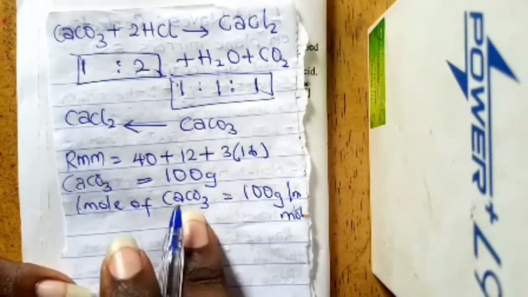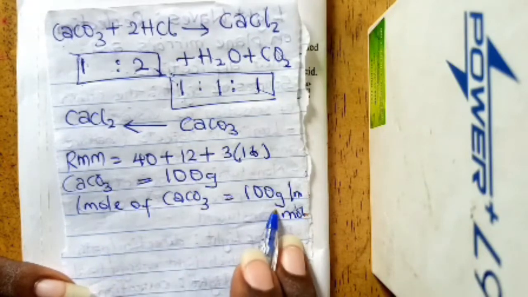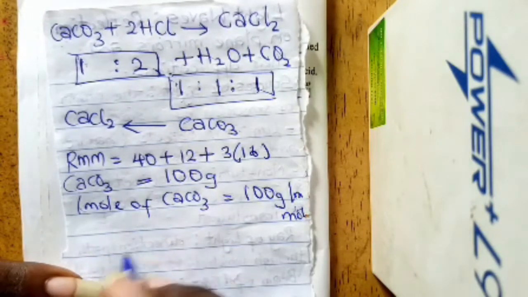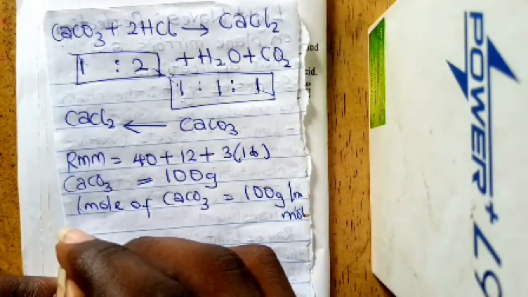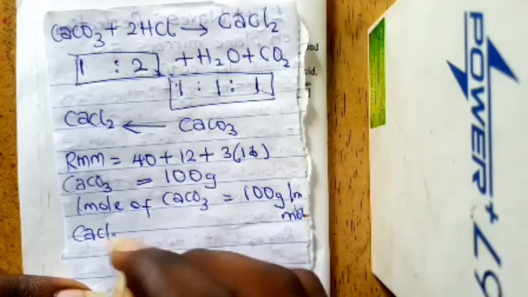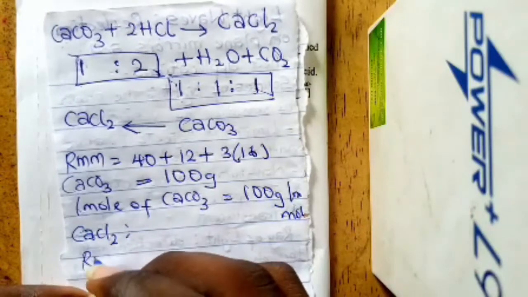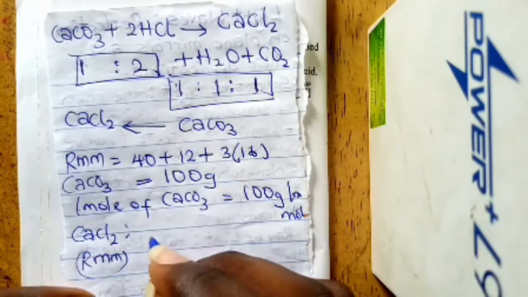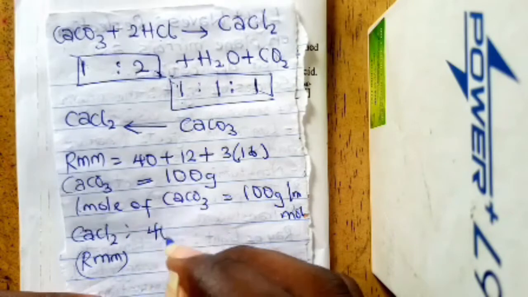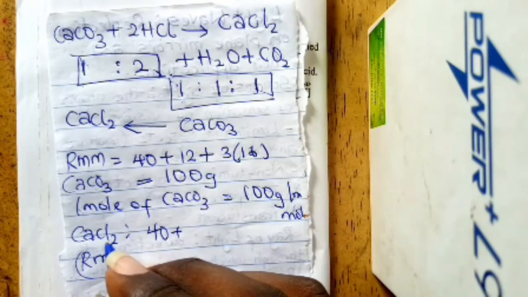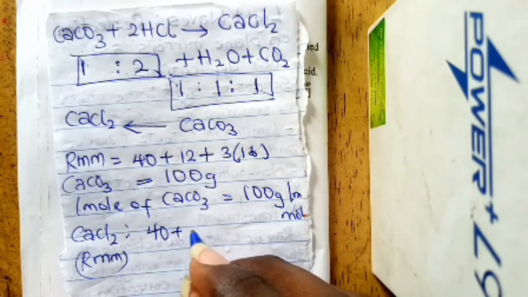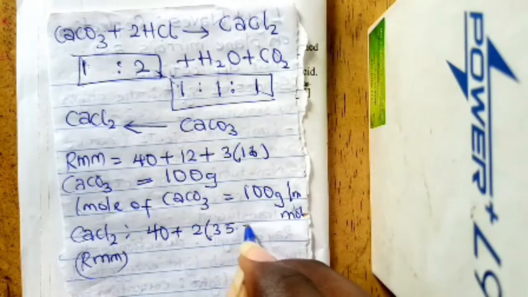So 1 mole of limestone is what? 100 gram per mole. So for CaCl2, calcium chloride, we also find the relative molecular mass. Calcium is 40 plus 2 atoms of chlorine, that's 2 into 35.5.